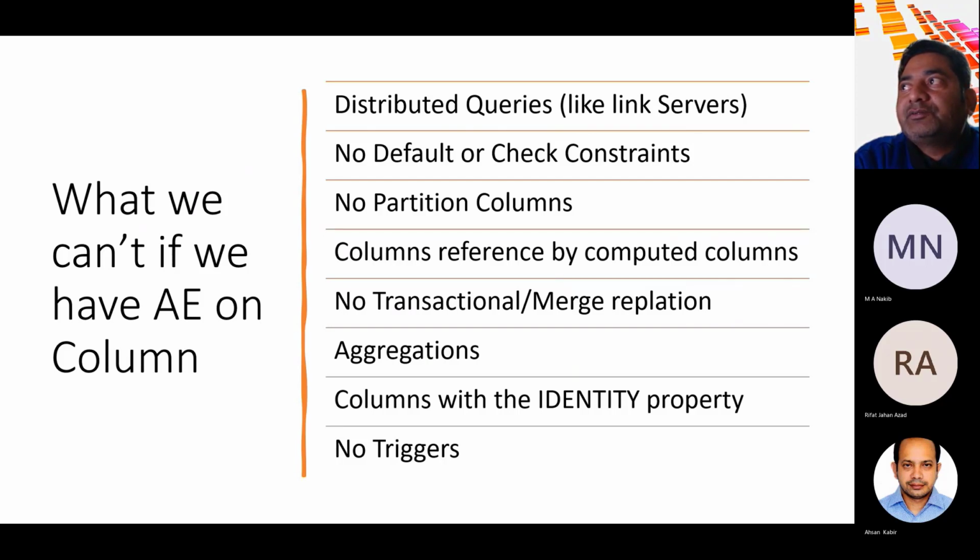Like if you are using distributed queries on a linked server, default constraints, partitioning, computed columns, transactional replication, aggregation columns, identity property, or triggers on those columns, please do not apply Always Encrypted on those, because if you apply it you are going to lose these features.